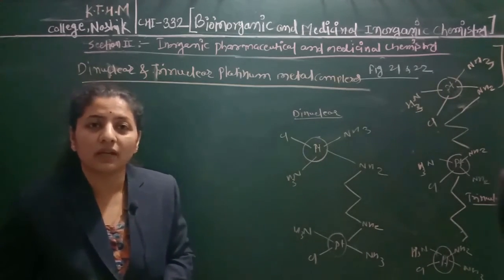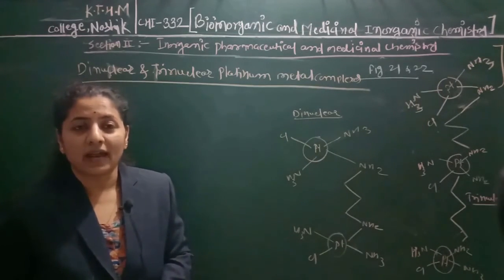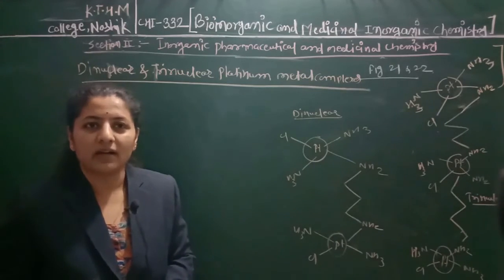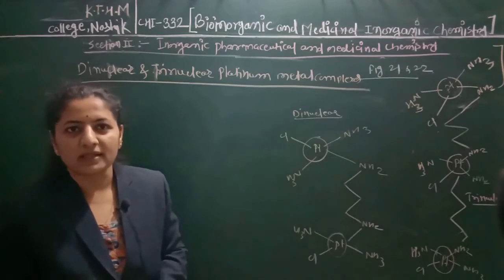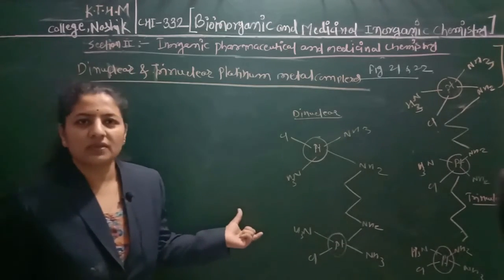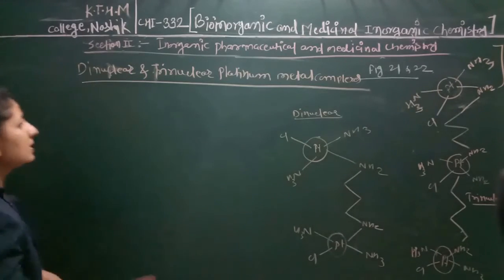They show a very effective property against tumors, acting as better anti-tumor agents than the previously discussed metal complexes. Now let's discuss the features of these dinuclear and trinuclear platinum metal complexes.